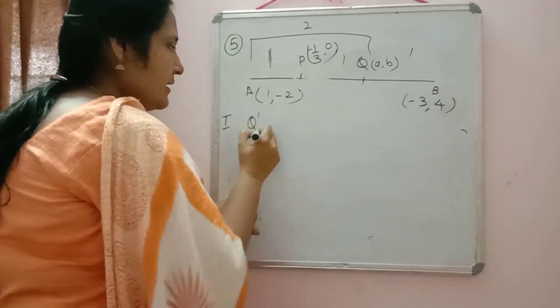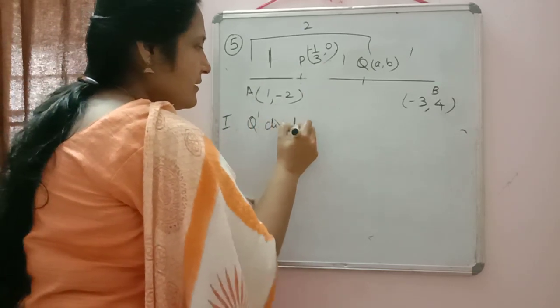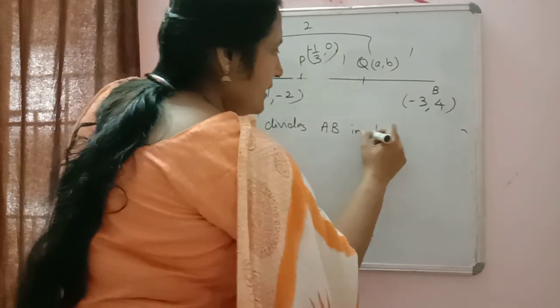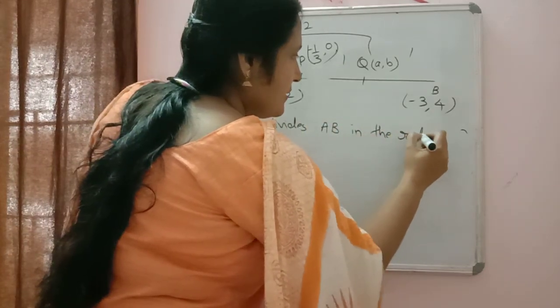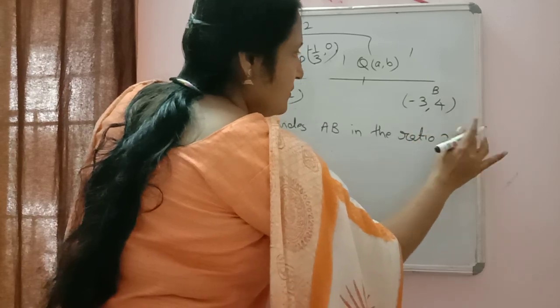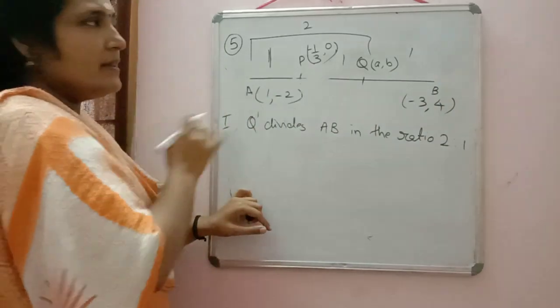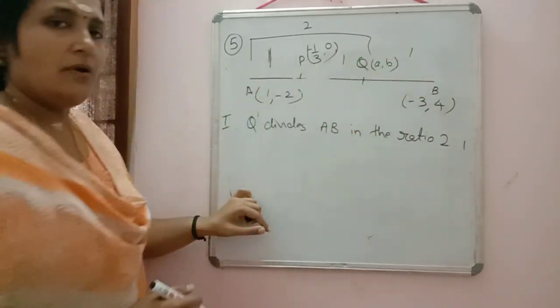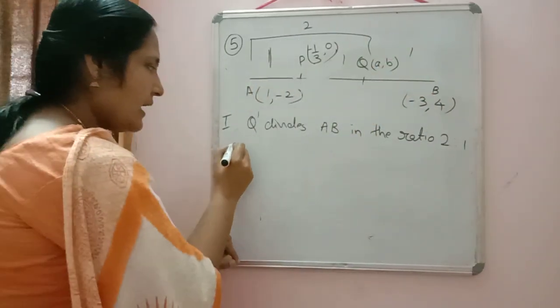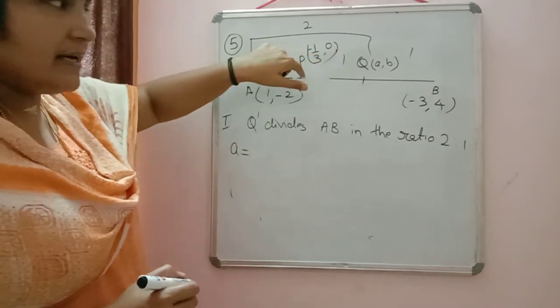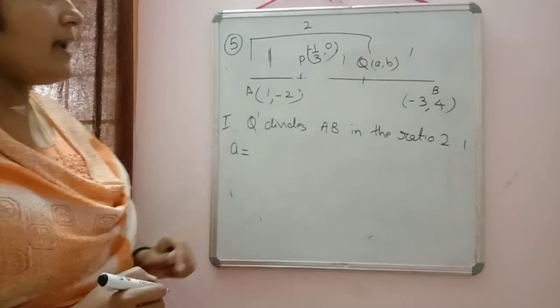So we can write, Q divides AB in the ratio 2:1. So again we are calculating the x coordinate, and since I already mentioned x comma y here, that's why I have taken A and B.